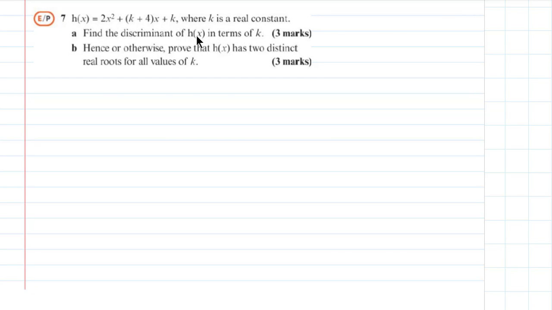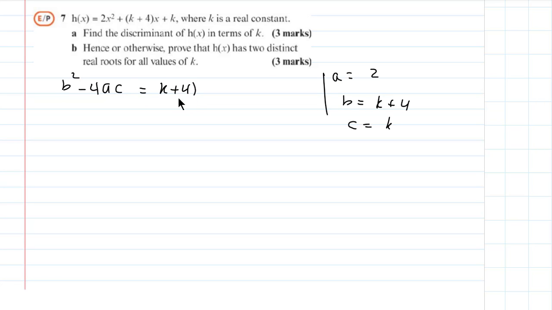Find the discriminant of h of x. Again, we have a equals 2, b equals k plus 4, and c equals k. So the discriminant is b squared minus 4ac, which is (k plus 4) all squared minus 4 times 2 times k.